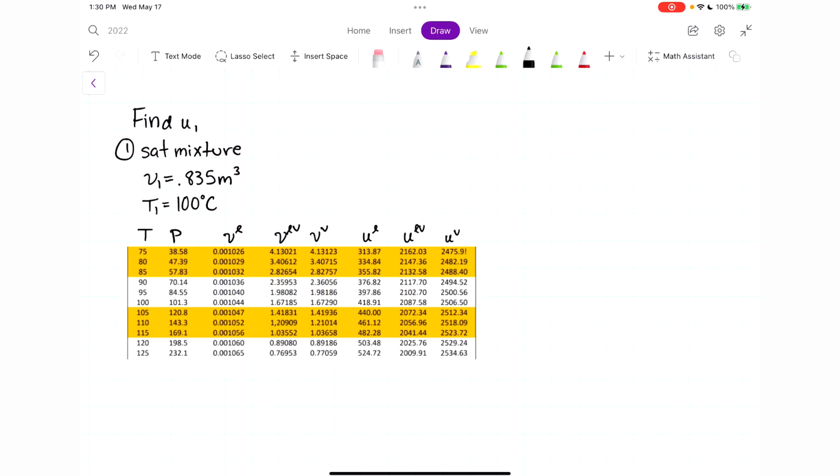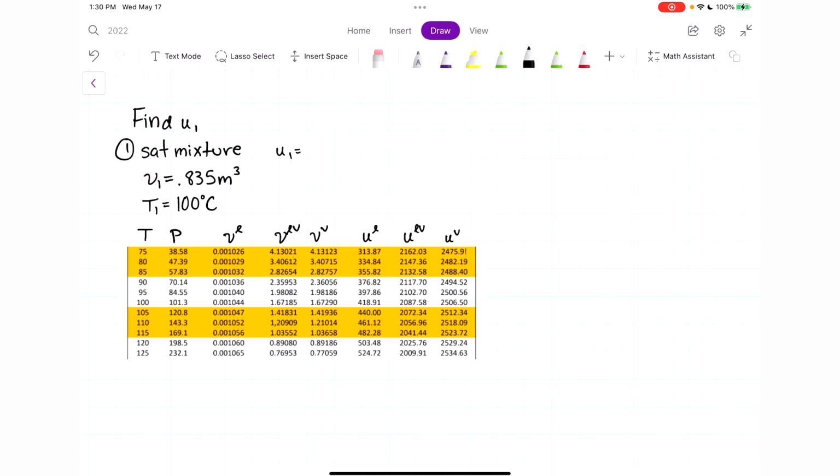Great. And in order to figure out the internal energy, our U's, we need to know the quality. Since it's a saturated mixture, we need to find quality. For a saturated mixture, the internal energy is going to be calculated like this.